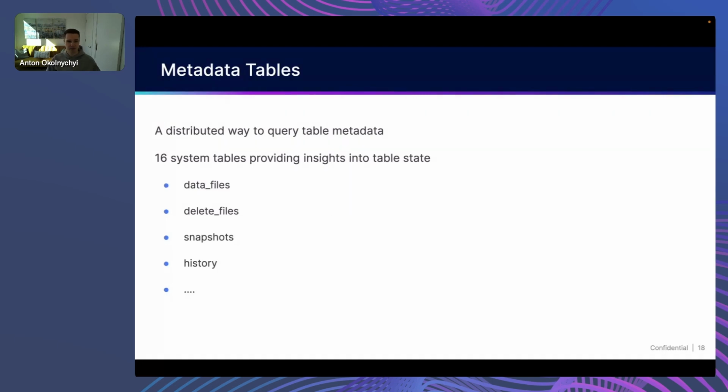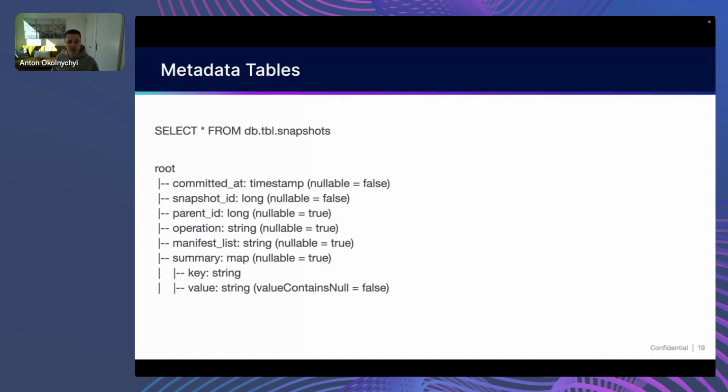So you can see all of the statistics about data files, partitions, snapshots that are available, history, and so on. In this example, I'm selecting from the snapshots metadata table, and it gives me information about when a particular snapshot was committed, its ID, operation, and then a quick summary of how many files I added, how many files are removed, and so on.